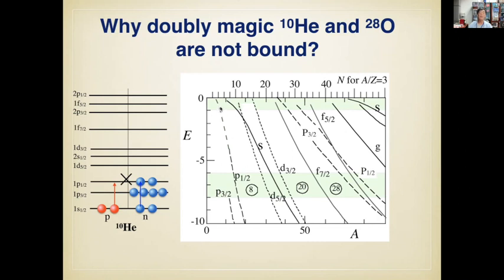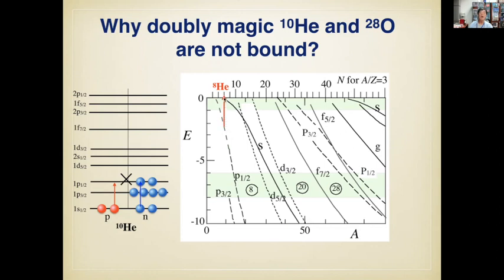P1/2 in the usual potential is bound, and then helium-10 has to exist. But because of this, you lose tensor energy by this amount.